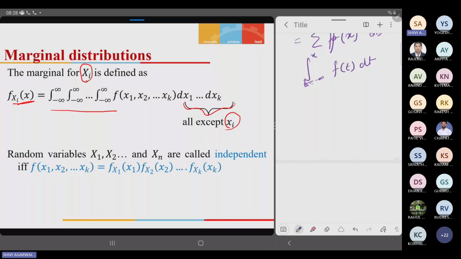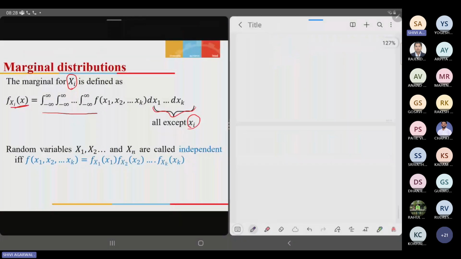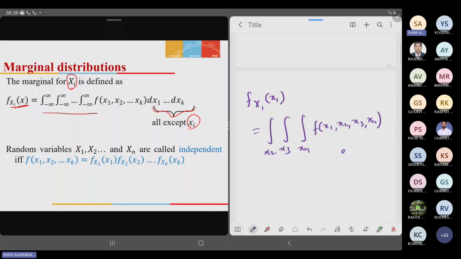For example, in the four-dimensional case, f of X1 at x1 is found by taking the joint density function of x1, x2, x3, x4 and integrating with respect to x4, x3, and x2.